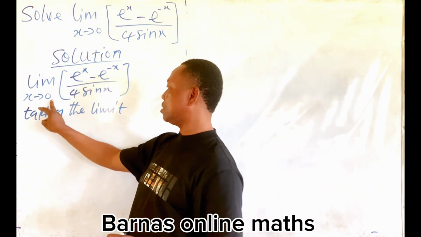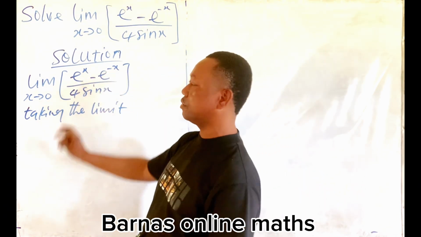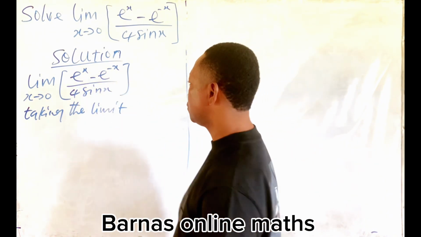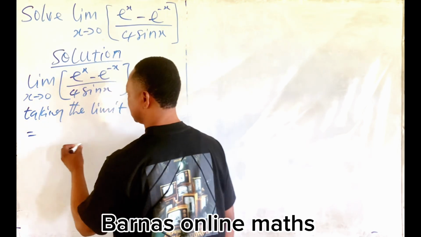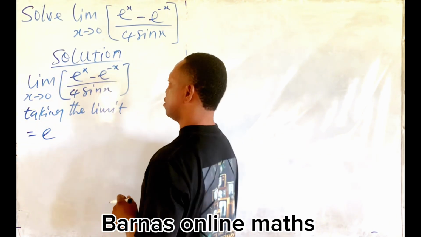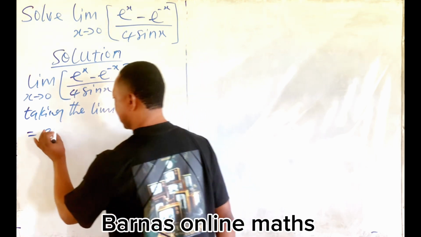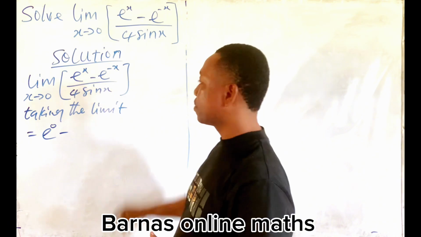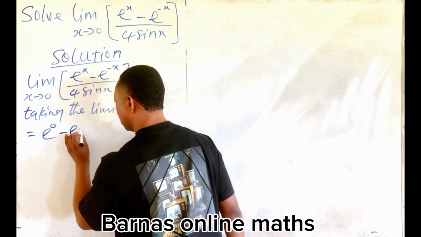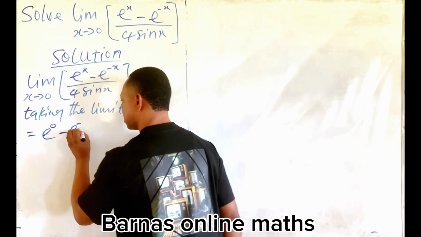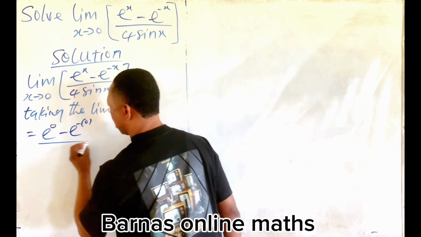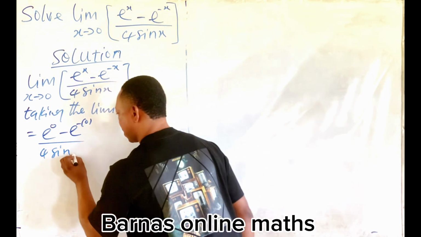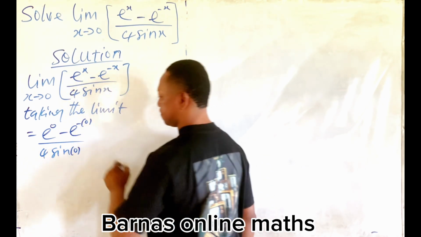since x approaches 0, which simply means here in this function, wherever you see x, you replace it with 0. So that simply becomes e to power, instead of x, we have 0, minus e to power minus, instead of x, we have 0, all upon 4 sine, instead of x, we have 0.